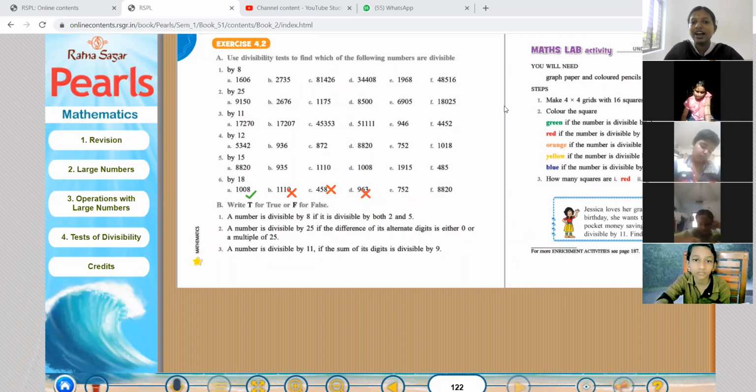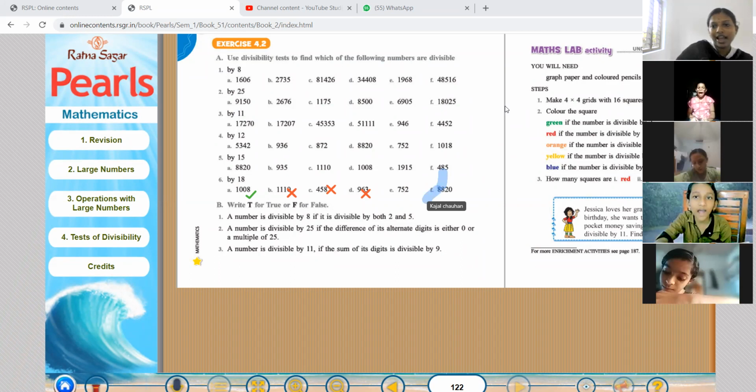Then what about 752? What is the last digit here? 2. So we can say that it is divisible by 2. And now we have to check the divisibility by 9. How will you check the divisibility by 9?